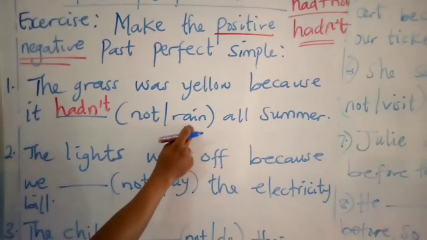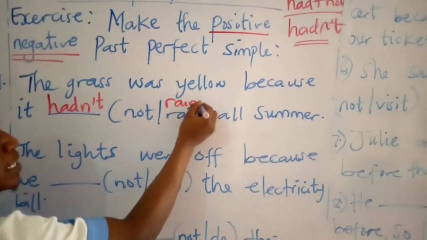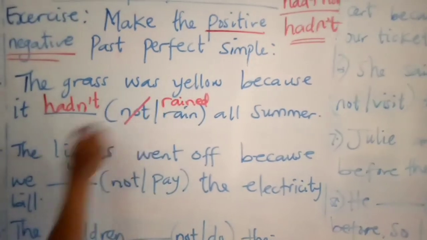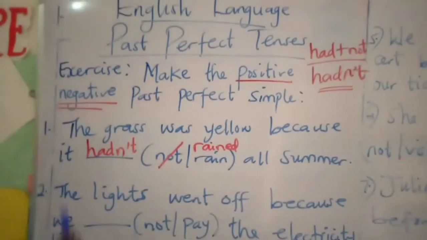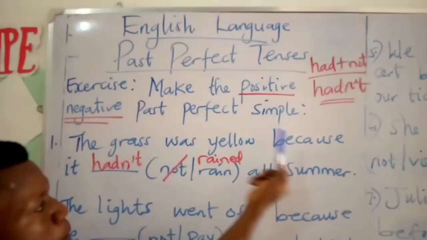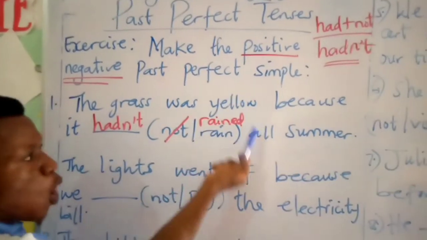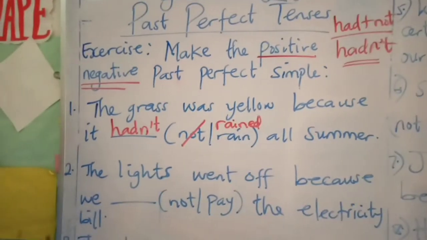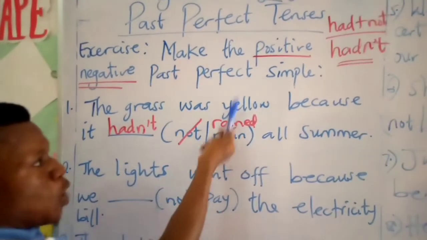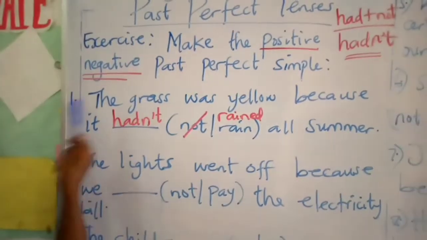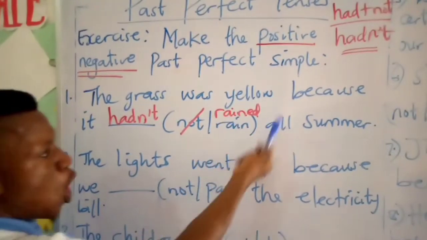What is the past tense of rain? Rained. So you strike this. The grass was yellow because it hadn't rained all summer.